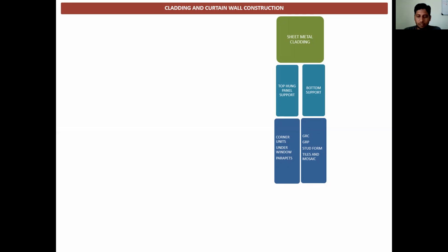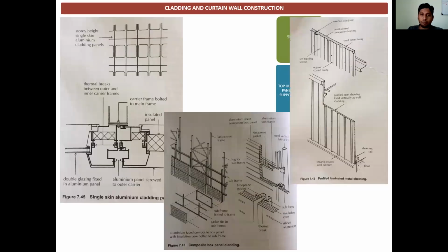This sheet metal cladding is very popular in the construction in our region, in warehouses, big sheds, maybe some railway stations, bus stands. So those are the technical details which we are expecting that you should go through the books and read each and every detail.